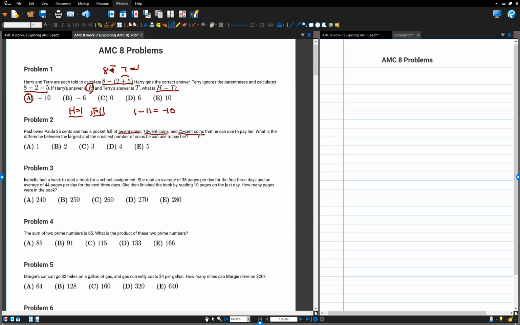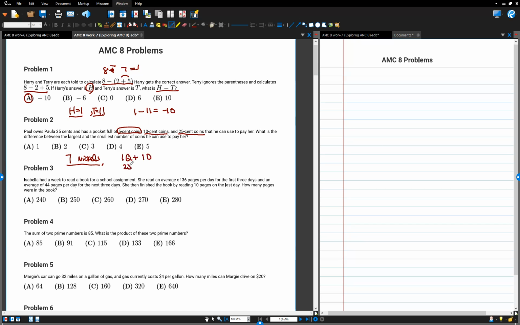Okay, so if you use 5-cent coins, we need 7 of these, right? 35 cents, the largest number. So we need 7 coins of 5 cents, so 7 nickels actually. And what's next? 1 quarter and 1 dime.